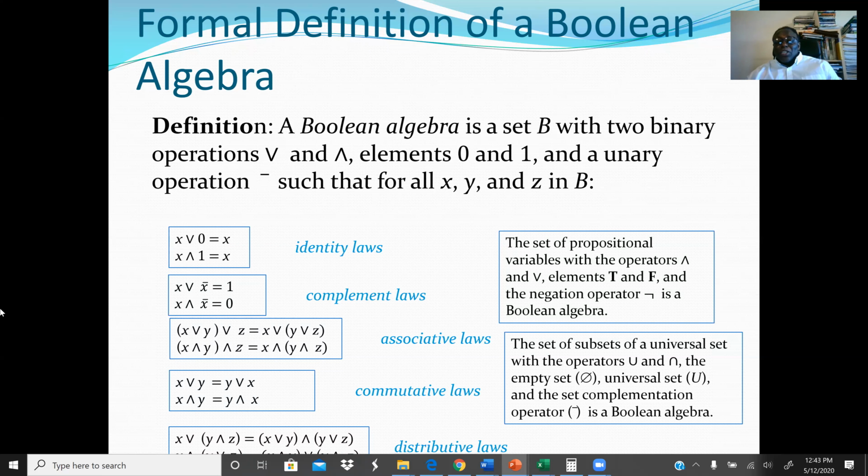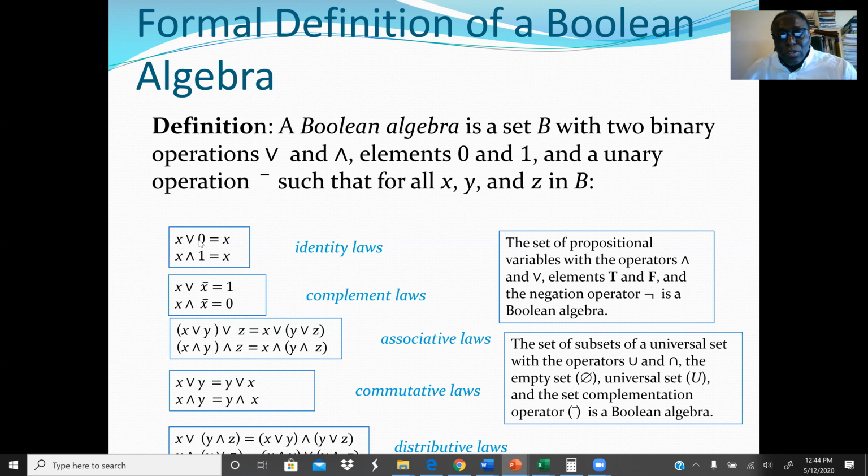And then unary means we complement only one variable at a time, say x complement, y complement. So a Boolean algebra is a set B with 2 binary operations, or and and. The elements can be 0 and 1, and the unary operator, the complement, says that all the x, y, and z are in B.